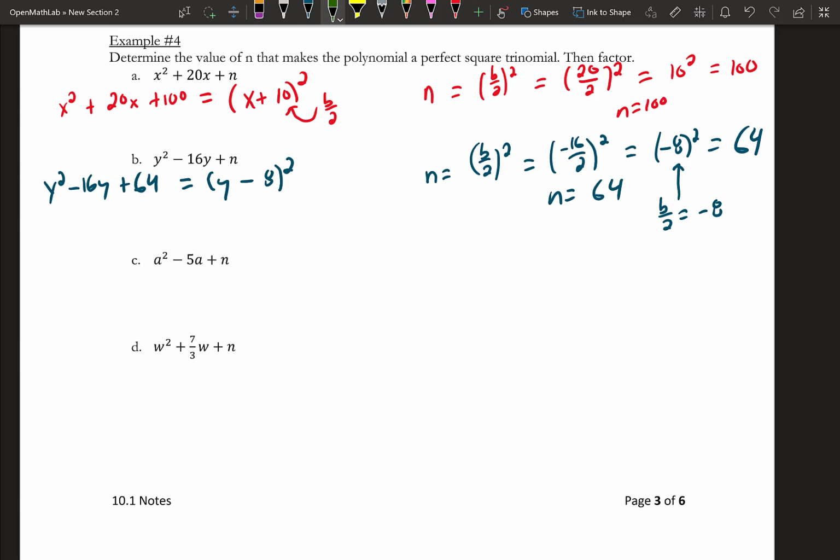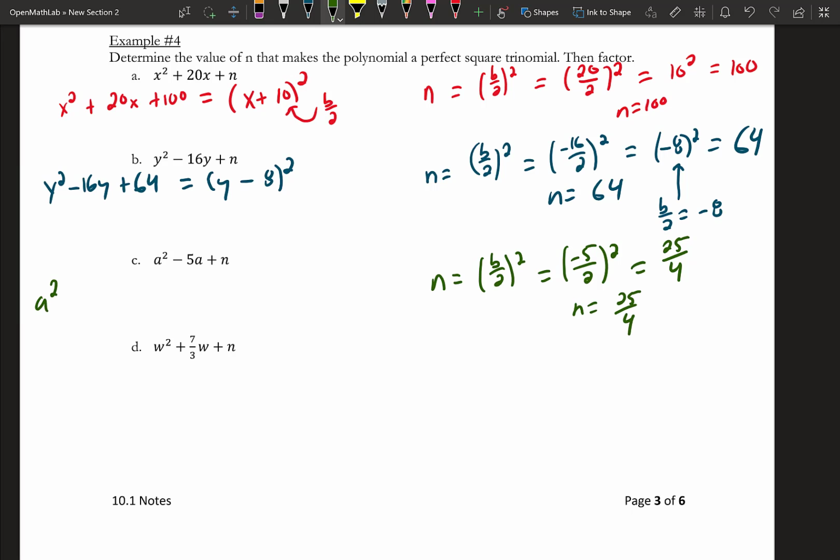Right, so the next one, we would have n equals b divided by 2 quantity squared, which is equal to negative 5 divided by 2 quantity squared, which equals 25 fourths. So n equals 25 fourths.